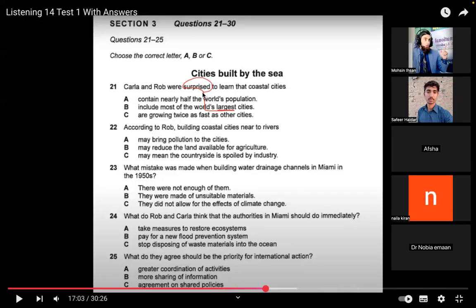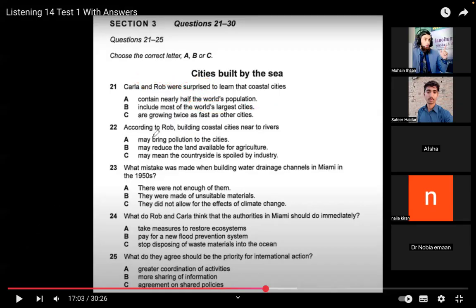For surprise, what she said: but most of the biggest cities are actually built by the sea. And then she further said, I'd not realised that before. When she said that, it means this is surprise, when you see something for the first time. And what Rob answered for this point? Nor me. So that means this is a surprise. Your option is B.